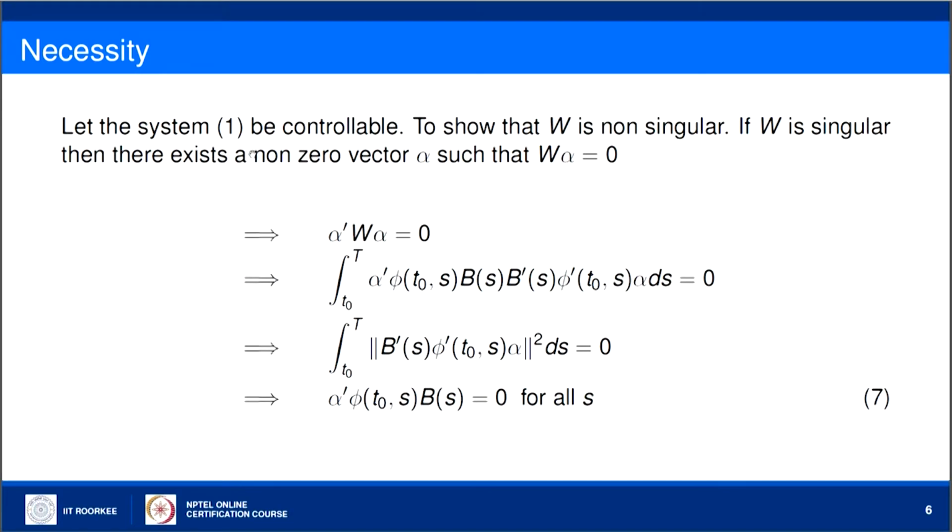Now, we will show that if the system is controllable, then W is non-singular, or an invertible matrix. So, let system 1 be controllable, but the matrix W be singular. That is, if you assume that it is singular, then we will arrive at a contradiction.